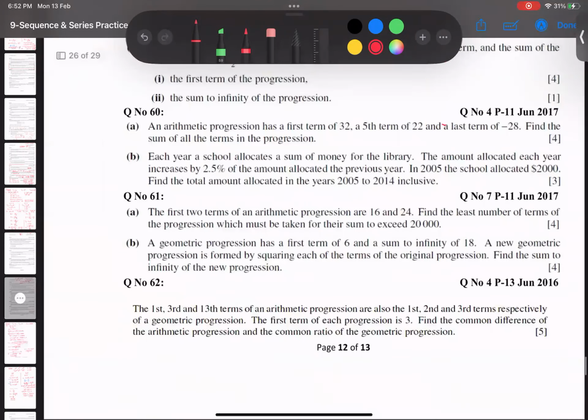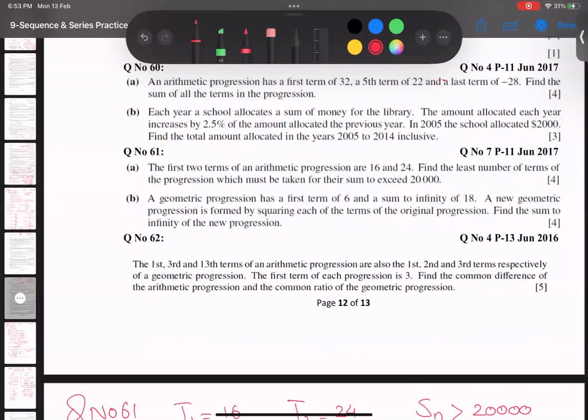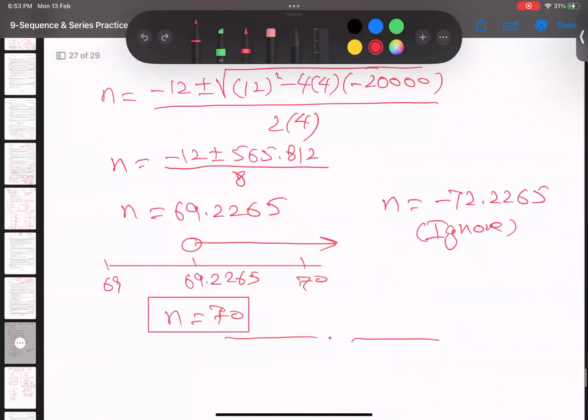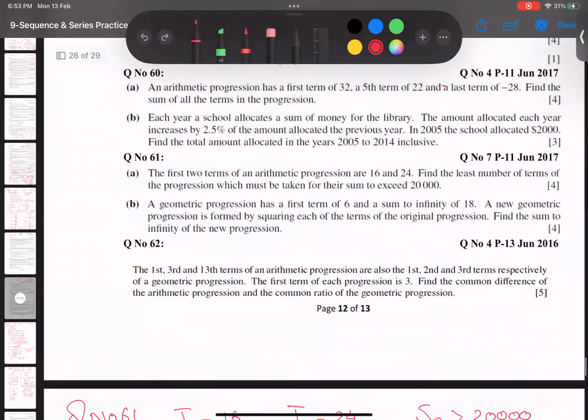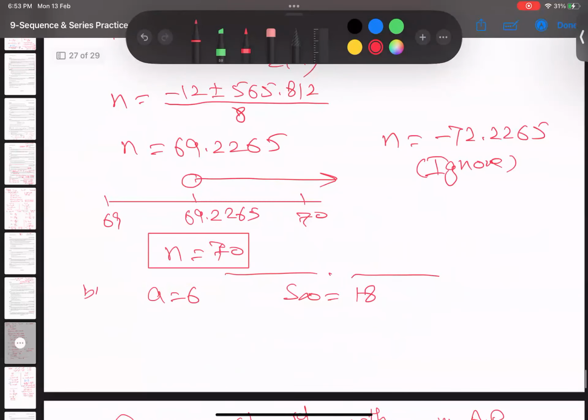Let's go for part number 2. A geometric progression has first term 6 and sum to infinity 18. Let's start. I repeat, it is asking: first term 6 and sum to infinity 18.